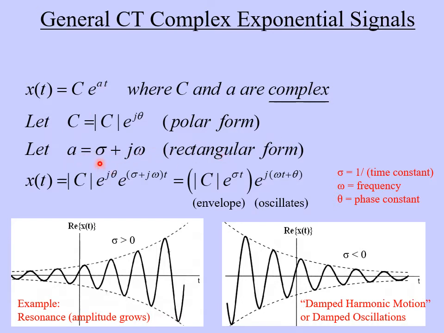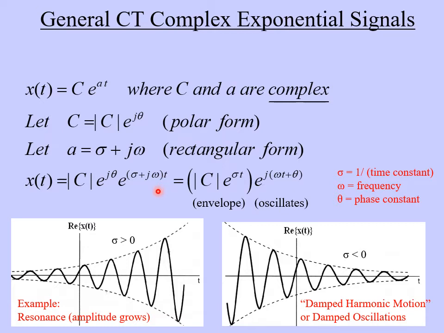So we let a equal sigma plus j omega, where sigma is the real part and omega is the imaginary part. When we substitute these expressions for a and c, we get the following: x of t is equal to magnitude of c times e to the j theta times e to the quantity sigma plus j omega, times t.